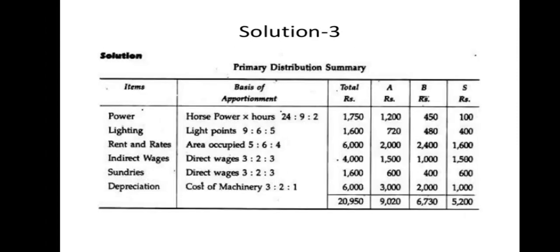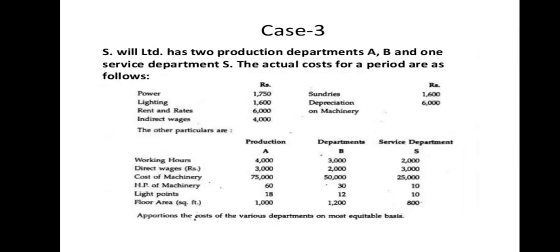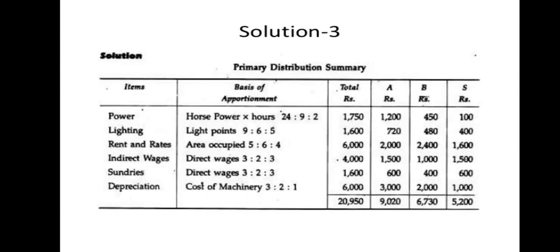So let me check. Power, horsepower into number of hours work. So 24 is to 9 is to 2. Total amount is given in the problem as 1750. 1750 into 24 by 35, like that. So 1200 for department A, 450 for department B, and service department is 100.